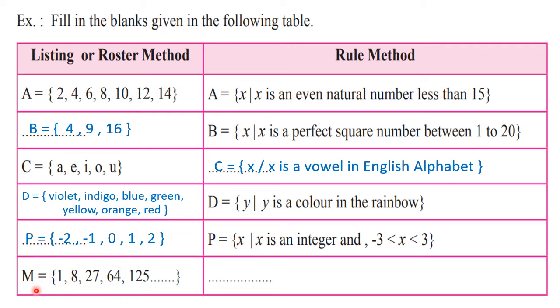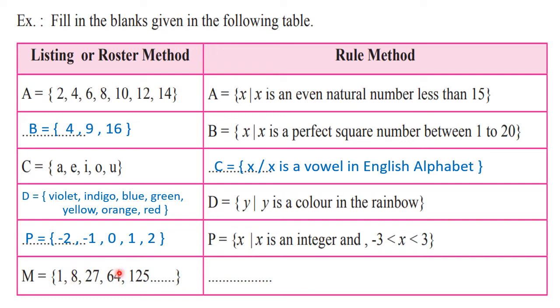The last example here. M is equal to 1, 8, 27, 64, 125 and so on. Here this dot dot dot shows that the elements of these sets are uncountable. They are never ending. So observe this.